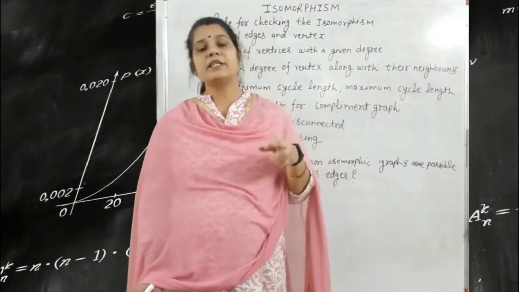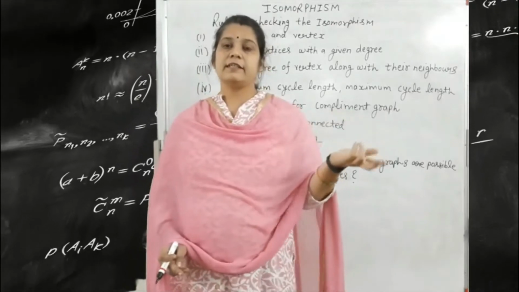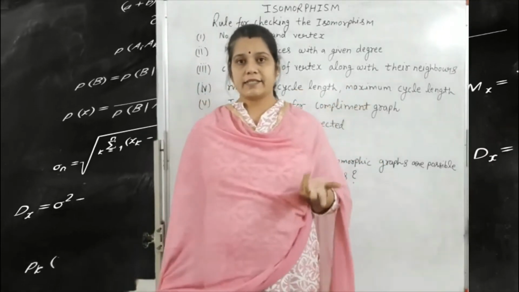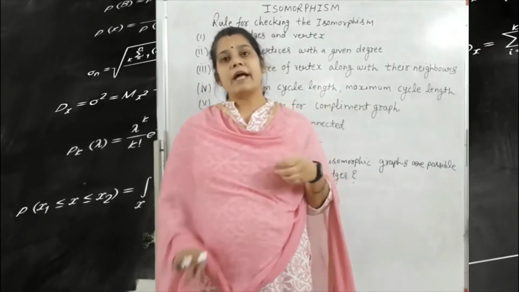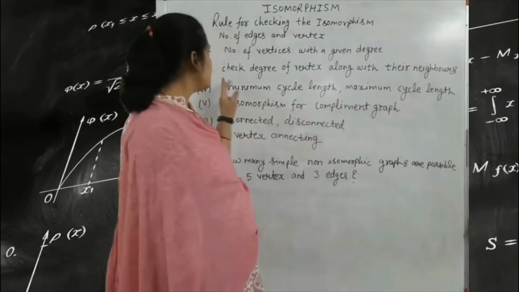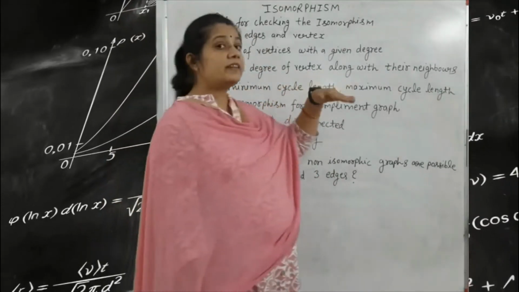Sometimes we are given vertices with different types of degree, in-degree and out-degree, but this isomorphism depends on the undirected graph. So here we find only the degree of the vertex. Third one is to check the degree of the vertex along with their neighbors.